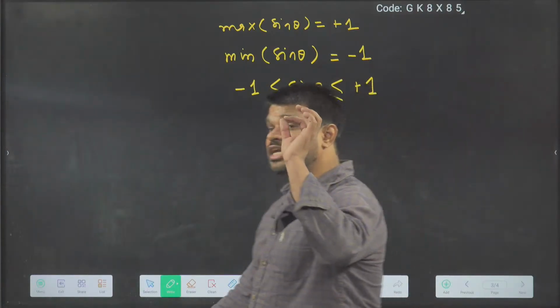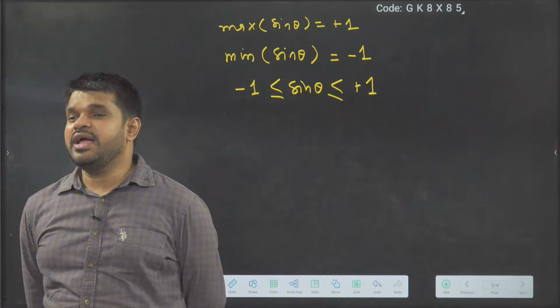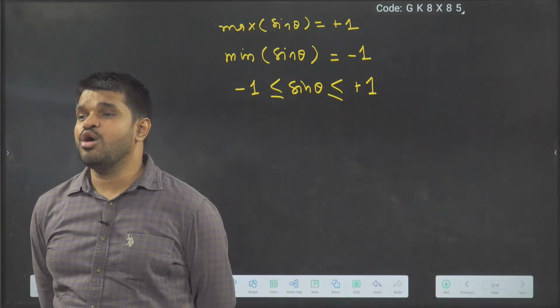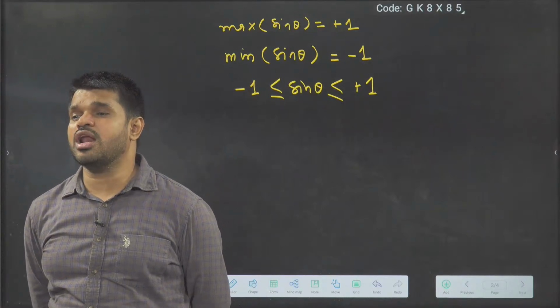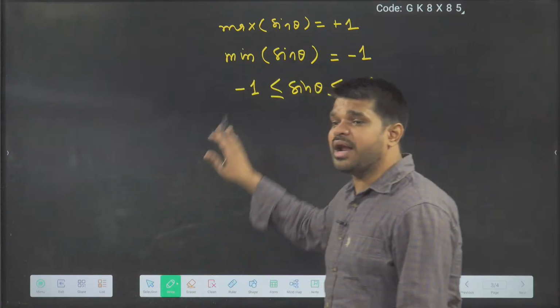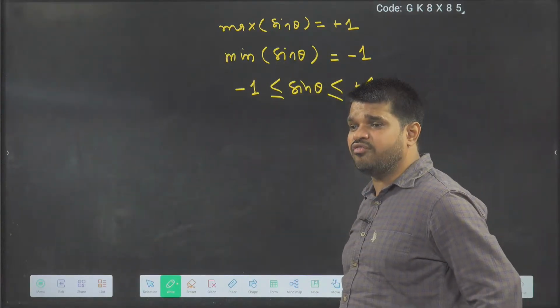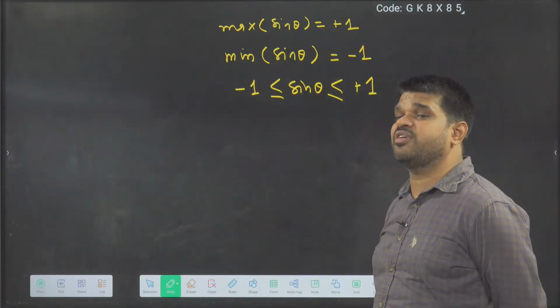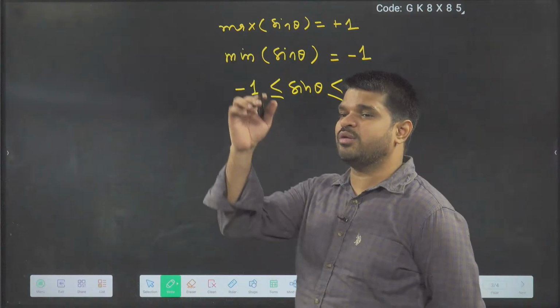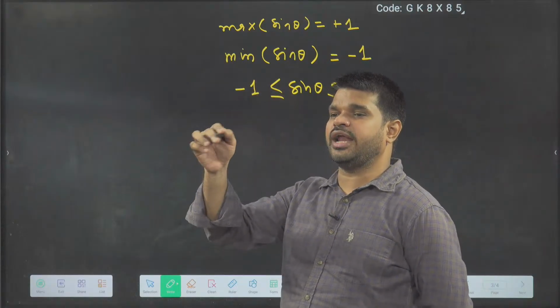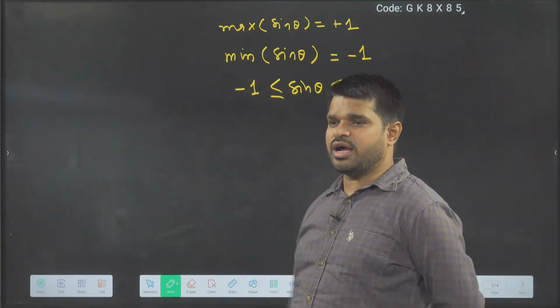It is impossible to get any value of sine more than 1 or less than minus 1. So I am writing a few things. You have to tell me whether it is correct or not. I will put a cross for incorrect and a tick for correct.